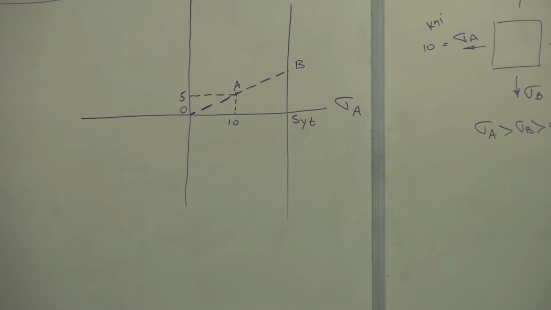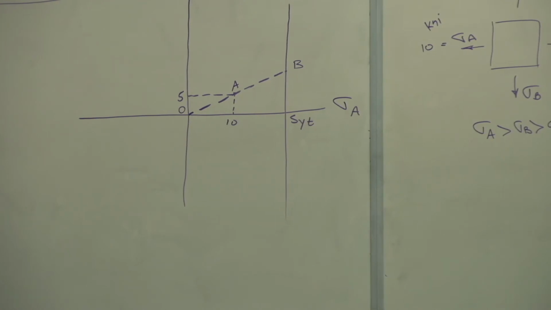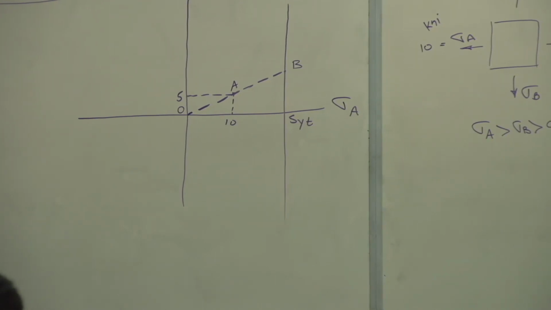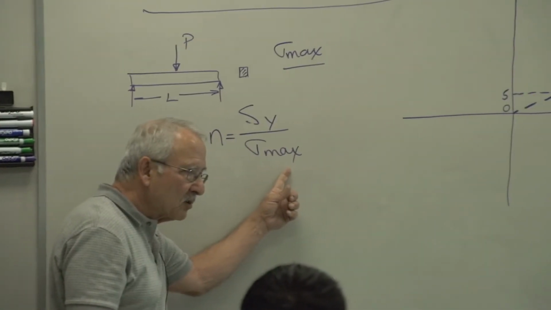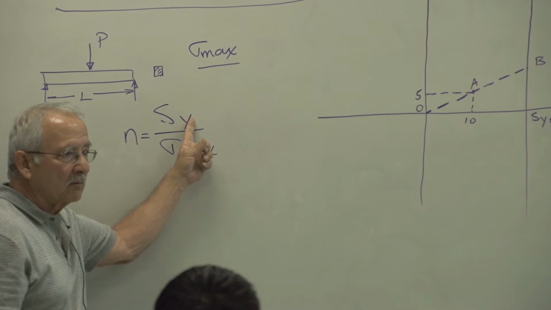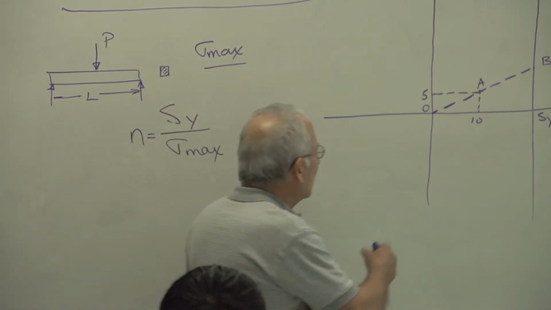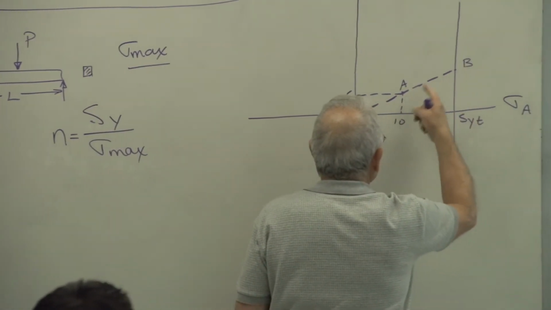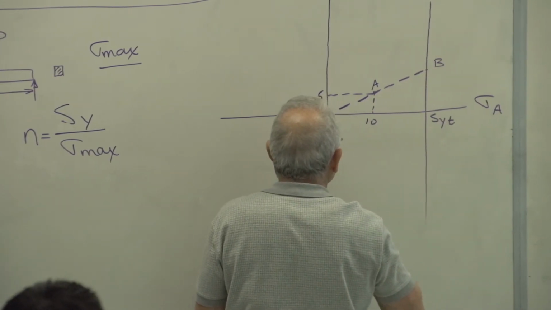So, what's the factor of safety? The factor of safety is the ratio by which I can increase the maximum stress before I get to SY. By what factor can I increase this before I get to this point B?